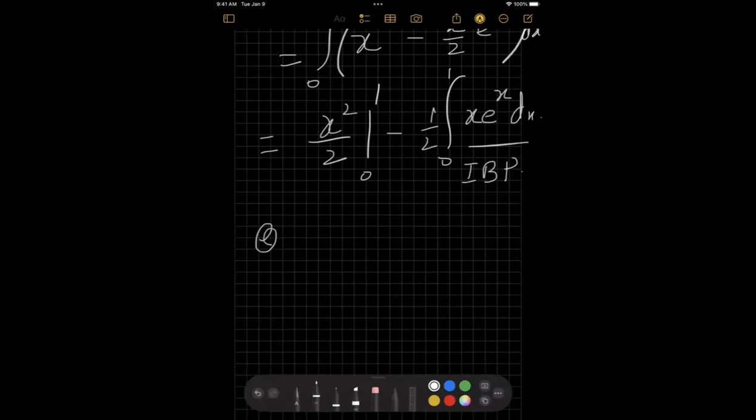Okay, question number 7. It is long. The question is about the Fourier series expansion. You should know 3 formulas.